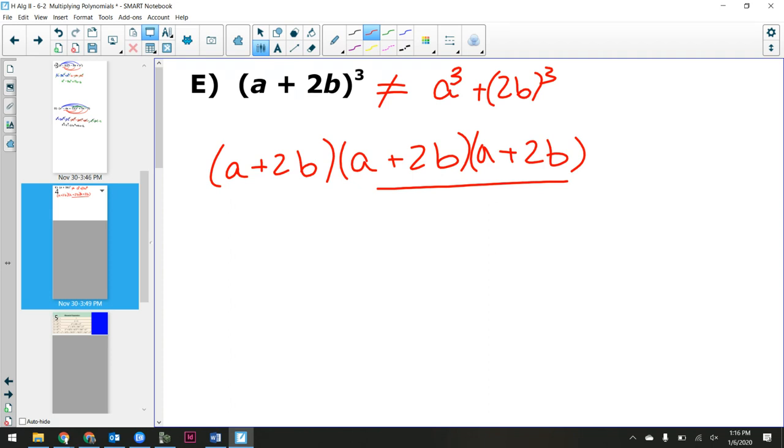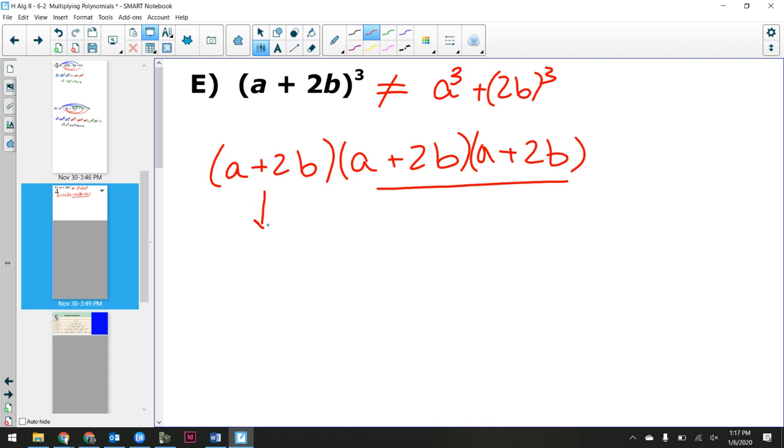Now, when I say FOIL, remember that FOILing is really just the distributive property, right? Think about first, outer. That's just the distributive property with my first term. Inner, last is just the distributive property with my last term, my 2b there. So when I say FOIL, you just think distributive property.